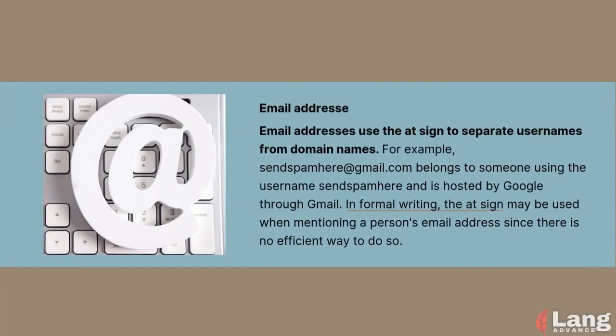Email addresses. Email addresses use the @ sign to separate usernames from domain names. For example, sandspamhere@gmail.com belongs to someone using the username sandspamhere and is hosted by Google through Gmail. In formal writing, the @ sign may be used when mentioning a person's email address since there is no efficient way to do so.